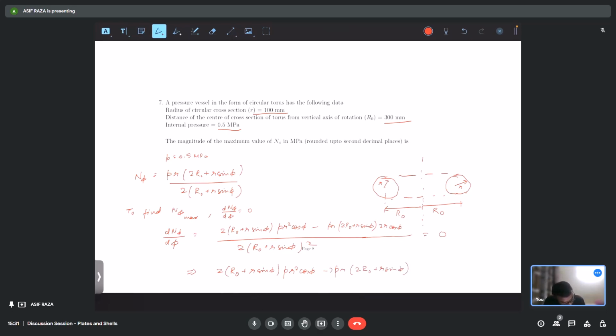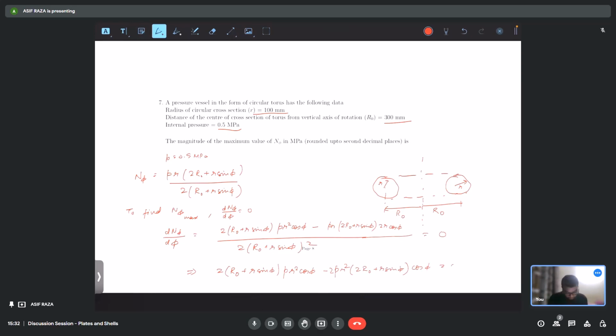So I can make 2 p r² cos phi equal to 0.